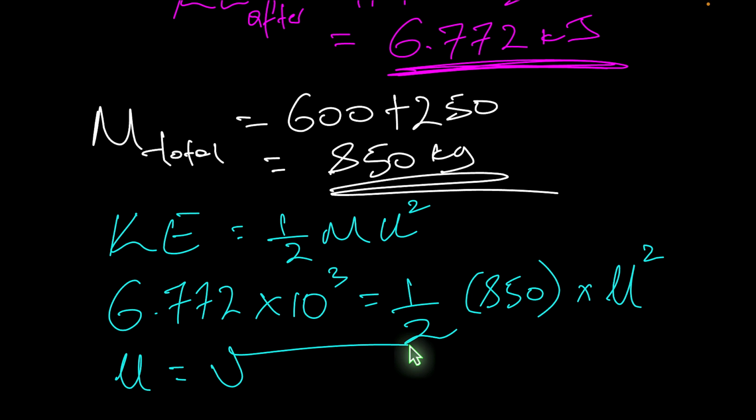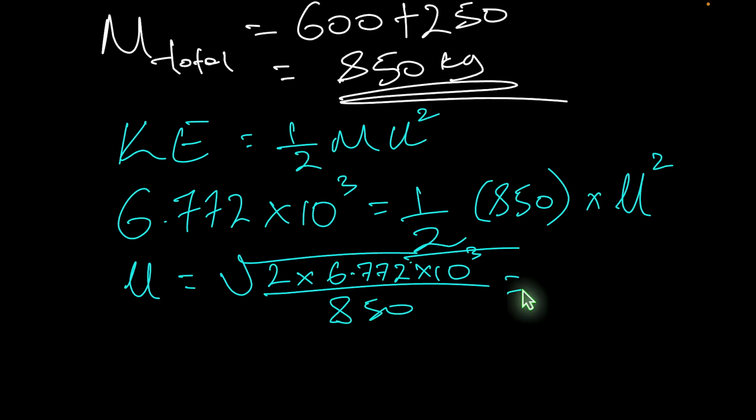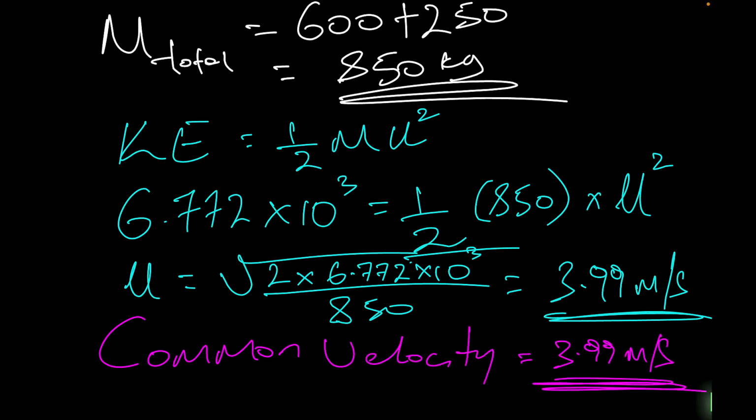So that will be 2 multiplied by our 6.772 times 10 to the power of 3, and all divided by our combined mass. So then our combined velocity here is 3.99 meters per second. So that's the pace at which the driver and the pile is going through the ground. So that is our common velocity. So that's part A done.